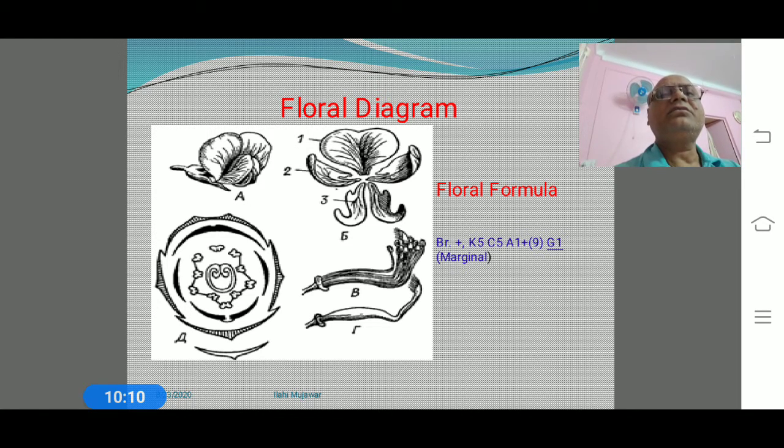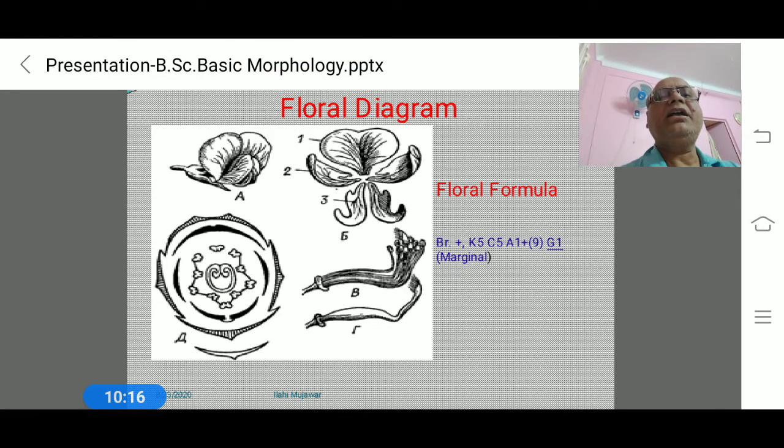There are five sepals, they are united, so they are connected to each other. And one of the most important points is that they are also of an imbricate type of aestivation. Two are one outer, one inner, and the remaining two are one outer, one inner. The second is the petals, five petals.